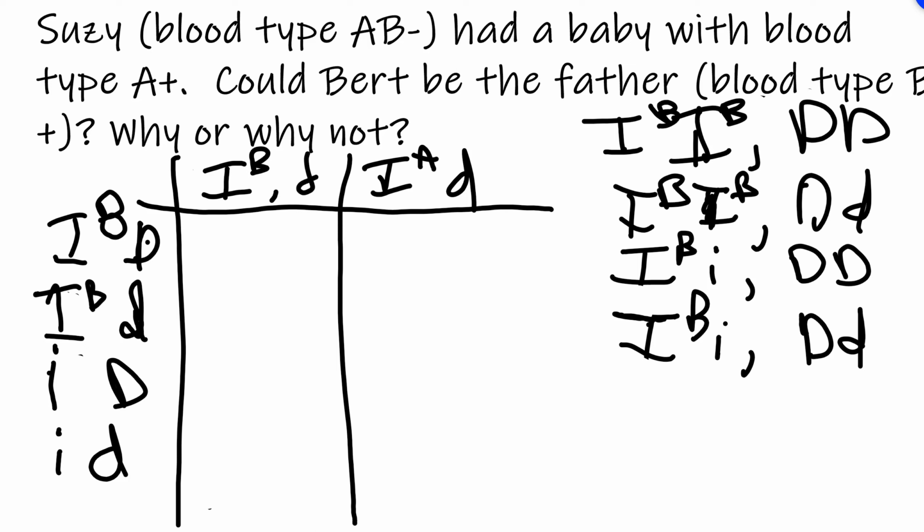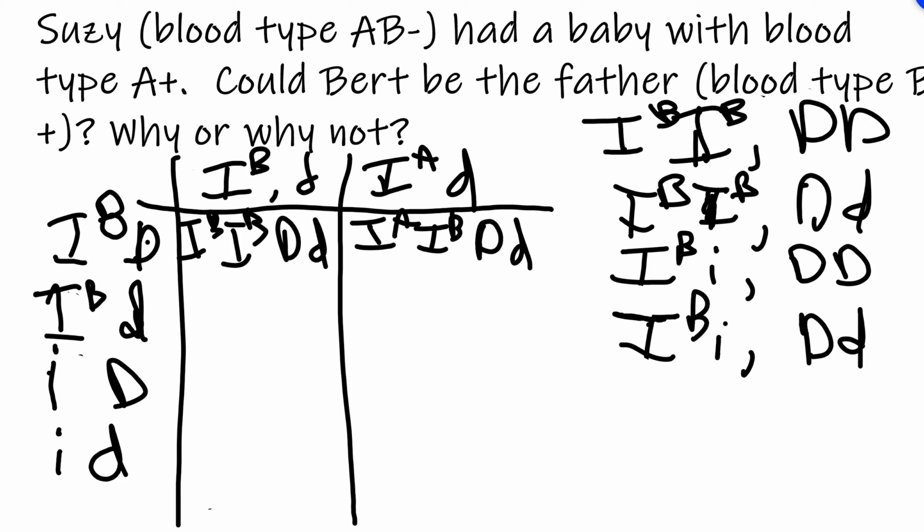So let's start pairing them up. So we got IB, IB, big D, little d. That's somebody who's B positive. Then IA, IB, big D, little d. AB positive. Somebody who's AB positive. IB, IB, little d, little d. B negative.